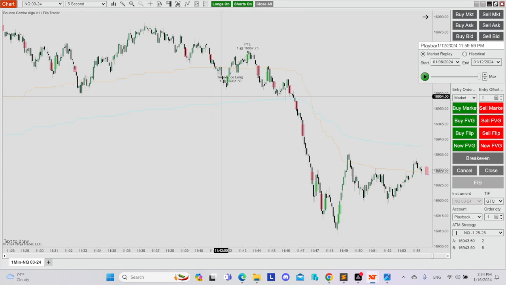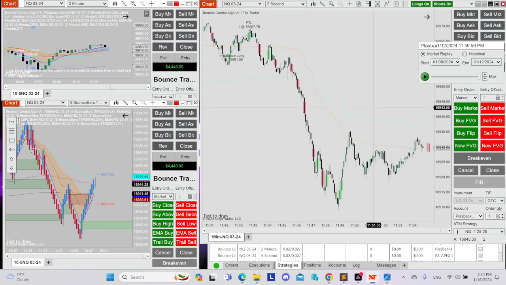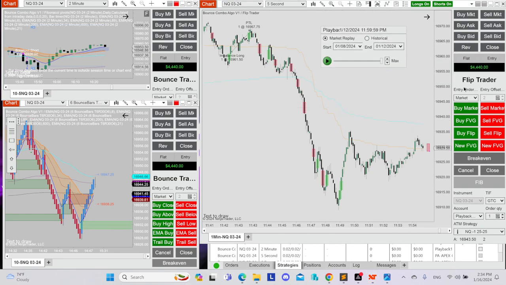Sometimes, under certain conditions, if we have an imbalance between these 34 and 89 EMAs, we also enter long or short. So that's that. And the cumulative profit was almost over 4 grand just in 1 week trading NQ.